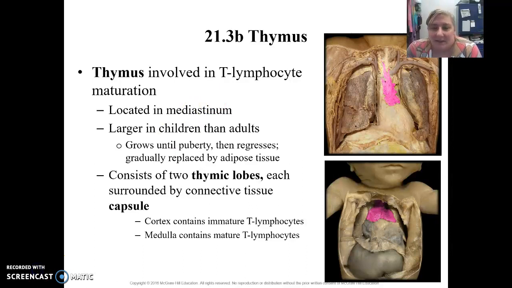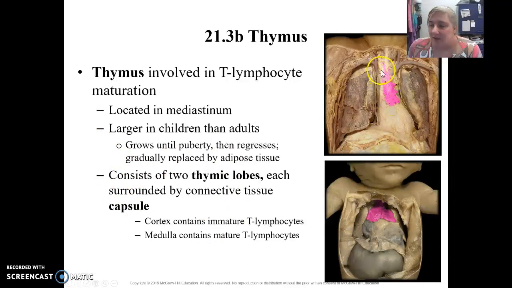So the thymus is the organ that helps in the maturation of T lymphocytes. This occurs typically during infancy and childhood. By puberty, the thymus has really outlived its worth, and so it starts to degenerate.